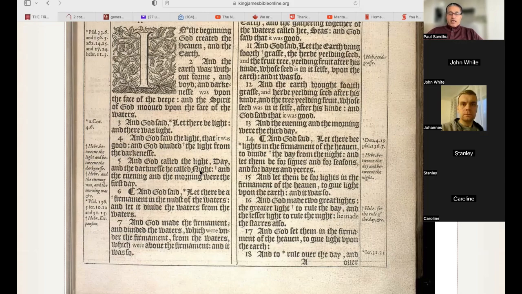So this again is showing us something here, as we can understand that there was no sun, there was no moon at that time. So this division of light and darkness into day and night is again signifying something on a spiritual level. It is not something that is happening because of some physical objects in the sky.